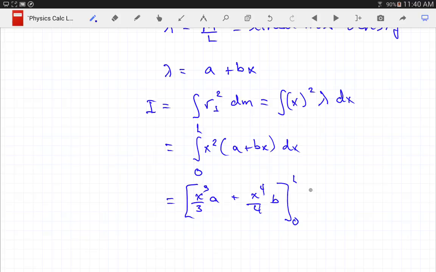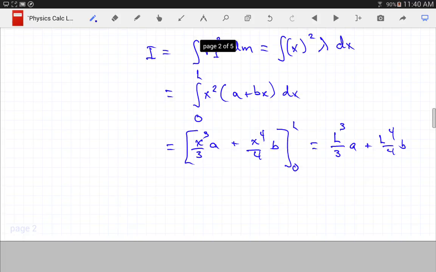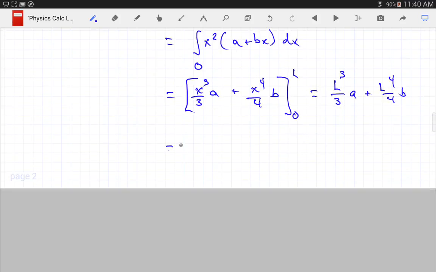Put in my limits 0 to L, and I have a L cubed over 3 plus b L to the 4th over 4. Or if you preferred, I could factor out the L cubed. It's the same thing, just a slightly shorter way of writing it. And by slightly, I mean really no difference. So there I calculate the moment of inertia about that axis I defined for this object.